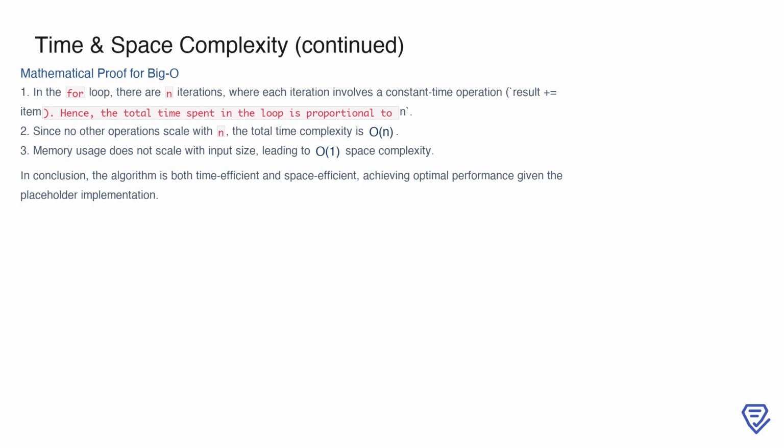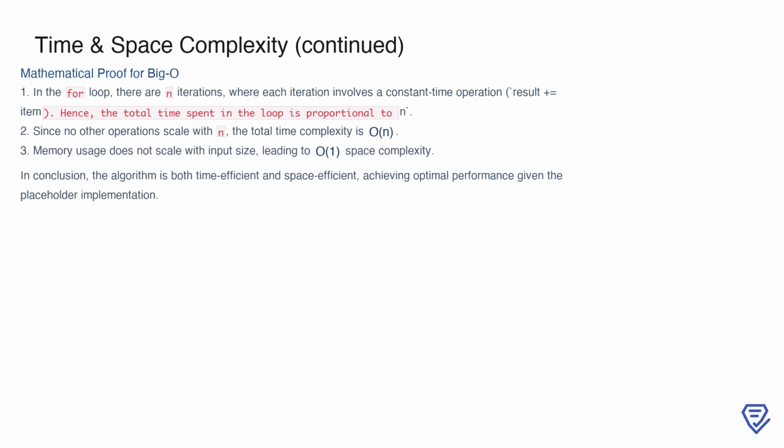Finally, let's solidify our understanding with a mathematical proof for the time and space complexities. The core of the algorithm is the for loop, which iterates n times, where each iteration performs a constant time addition operation. This makes the total time spent in the loop directly proportional to n. Since no other part of the algorithm contributes a factor that depends on n, the overall time complexity is O(n).